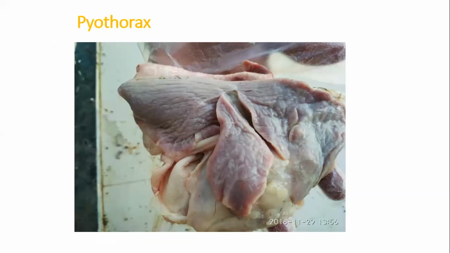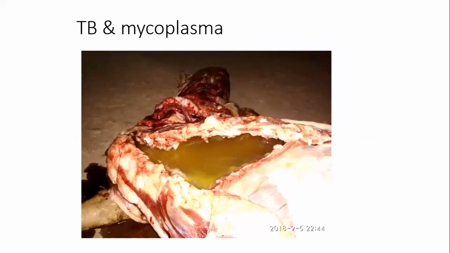Then some conditions like pyothorax can be observed many times in field conditions. Then tuberculosis and mycoplasmosis are observed in stall fed animals. So here you can see the whole thoracic cavity is filled with a gelatinous mass, fibrinopurulent material.